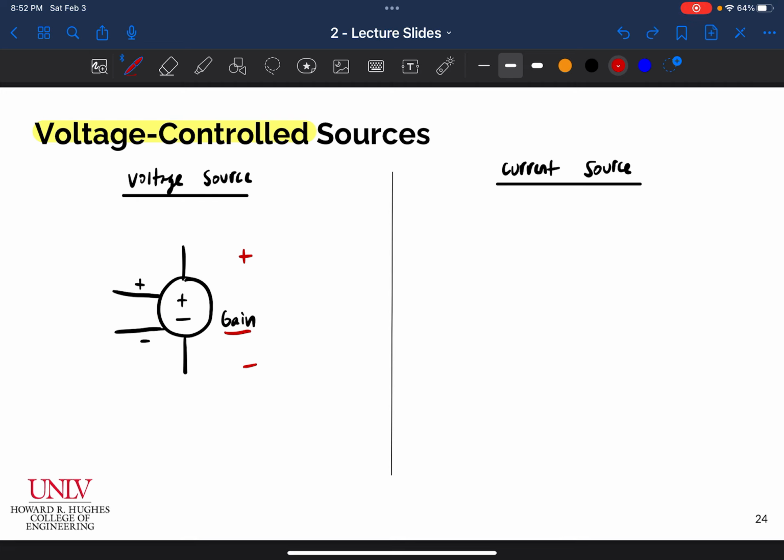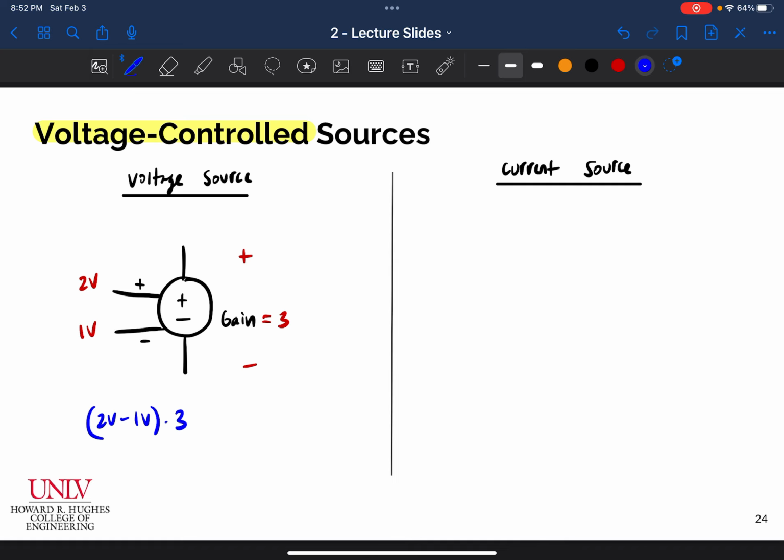So let's say I input 2 volts here and 1 volt here, and I have a gain value of 3, just for an example. Then my voltage source is going to be rated for the difference across this input, so 2 volts minus 1 volt, multiplied by my gain value, which is 3.